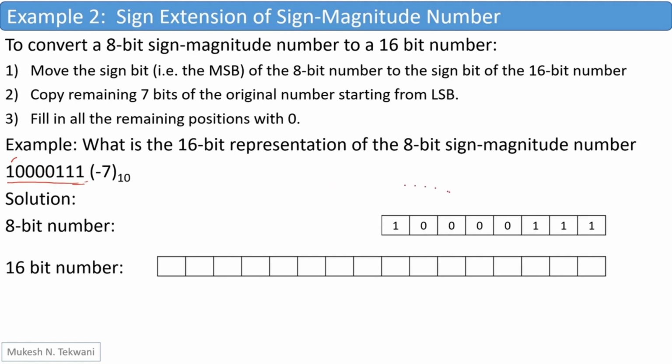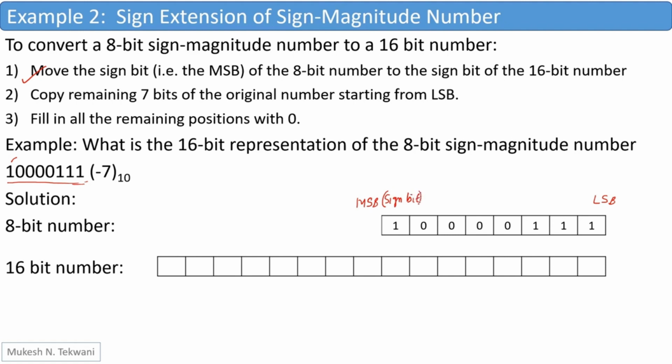So we first copy down this number in the 8-bit position, and this is our least significant bit. Now the method will be, we first move the sign bit of the 8-bit number. This is the MSB of your original number. It is also the sign bit.